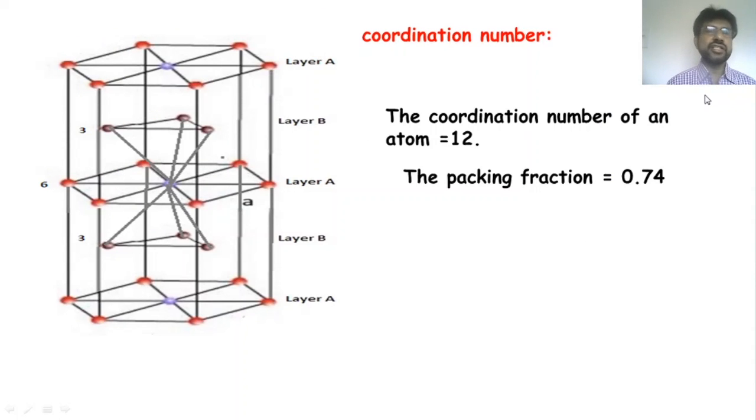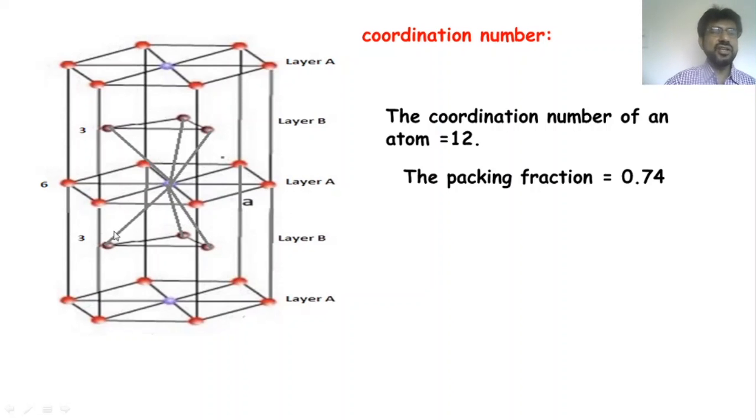Now the coordination number. See here, if we connect it like this, this is one of the atoms. This is one unit cell, and another unit cell is placed one over the other. So we can see that every atom is surrounded by 12 atoms. Now see here, this atom is surrounded by 12 atoms.